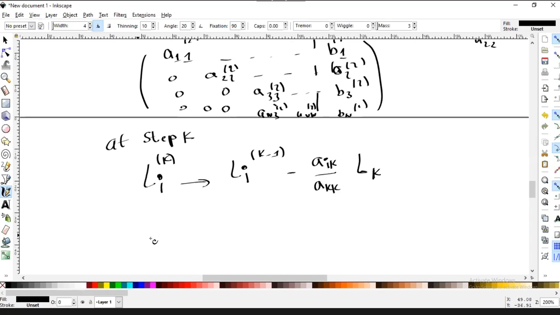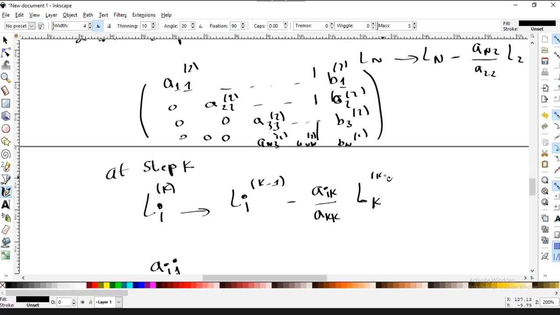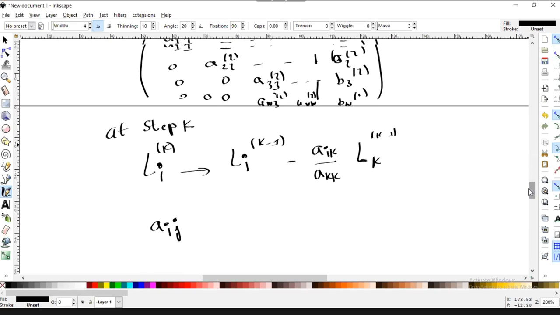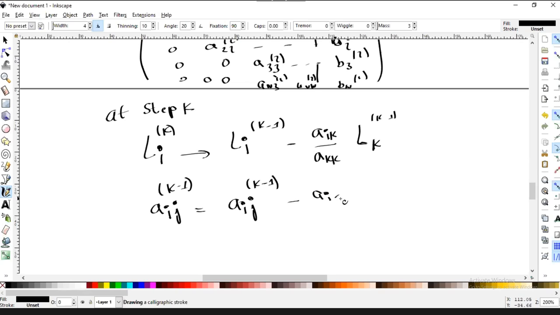So this is the same thing as saying that Aij, an element of this line Li, is equal to Aij at step k minus 1, minus Aik over Akk, times Akj, the line k at step k minus 1. So I don't need to put it here.